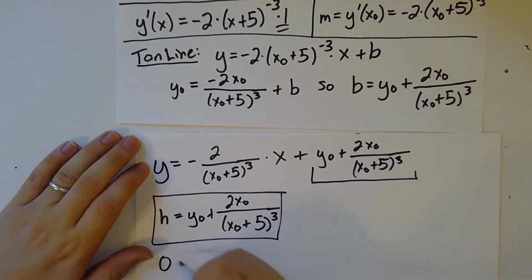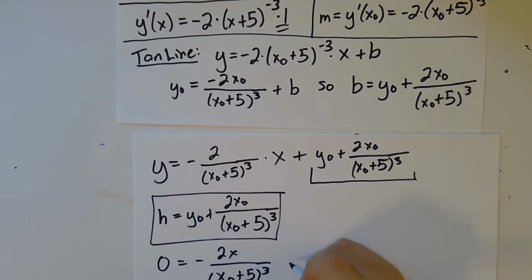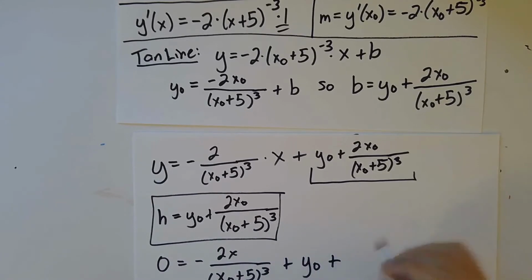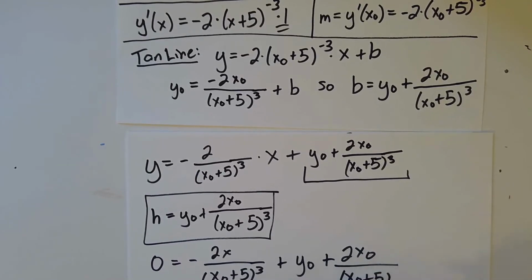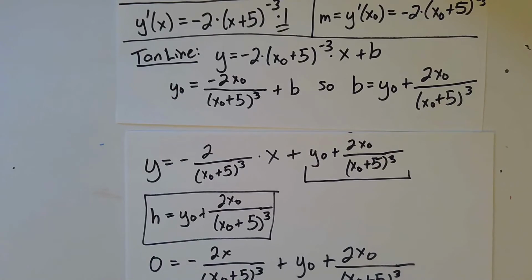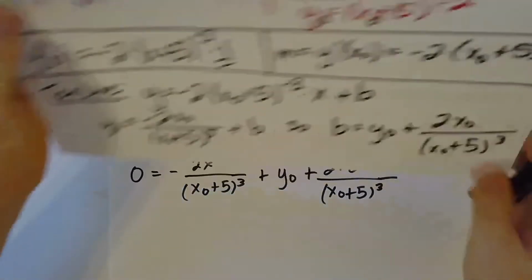So I'm going to solve 0 equals minus 2x over (x naught plus 5) cubed plus y naught plus 2x naught over (x naught plus 5) cubed. Sorry, I need to show you what was there.